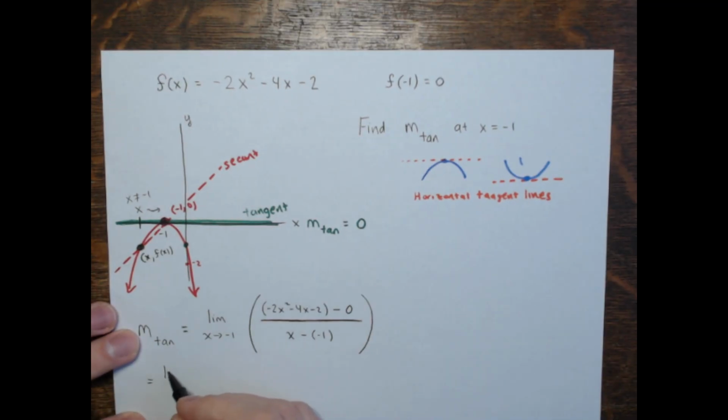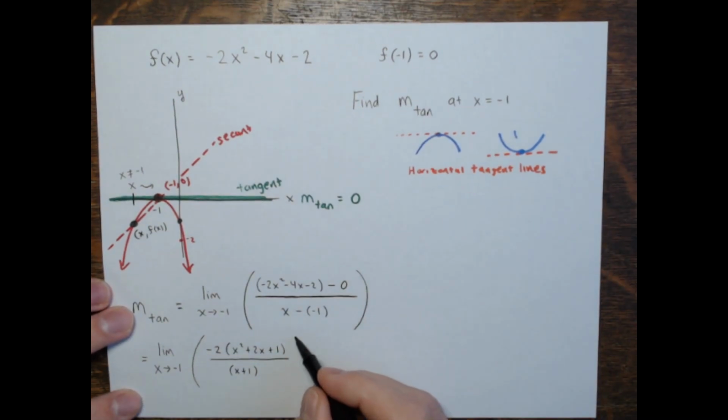So this is the limit as x approaches -1 of, now the numerator, minus 0 doesn't do anything. So that's -2x squared minus 4x minus 2. I'm going to start factoring this. This is -2 times x squared plus 2x plus 1, divided by, and the only factor in the denominator is x plus 1, x minus -1.